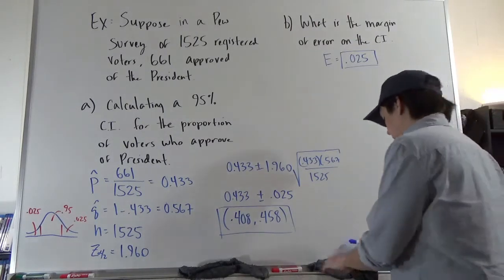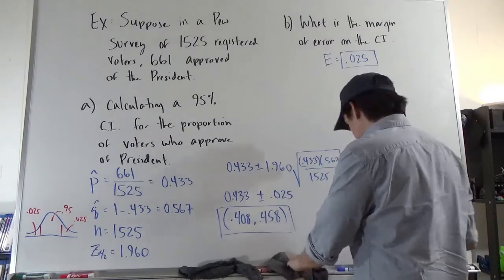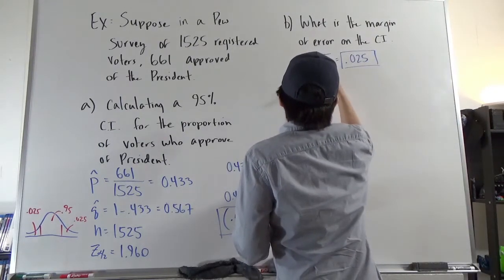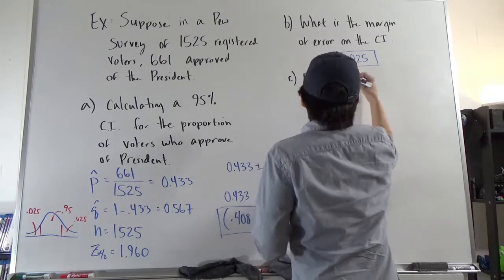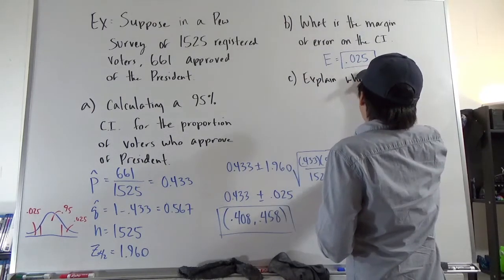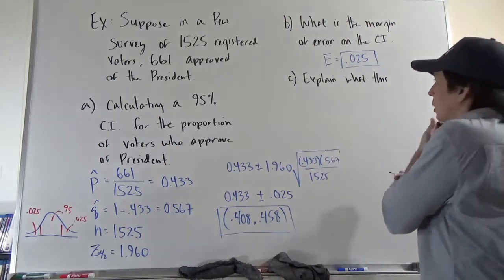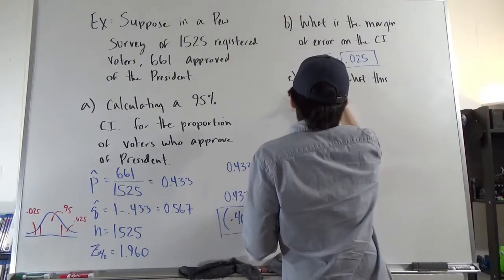Okay, now I'm going to do that explanation one more time, explain what this interval represents, and then do a couple more follow-up questions to illustrate some new things about it. Explain what this interval represents.